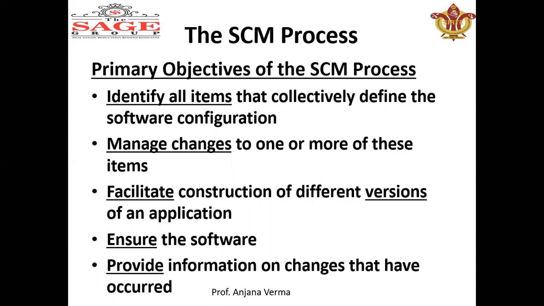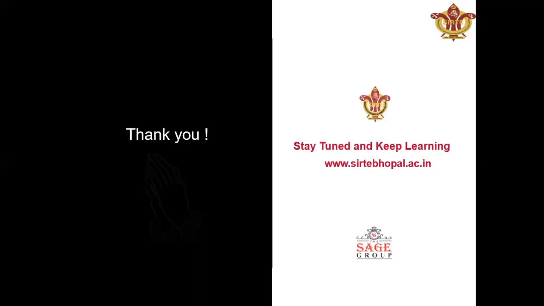When you manage the change or you have done the change, then a version will be affected or generated by the change. Now you ensure that the change is working, or you test that change, and then provide information on the change to all the components which are dependent on this change.